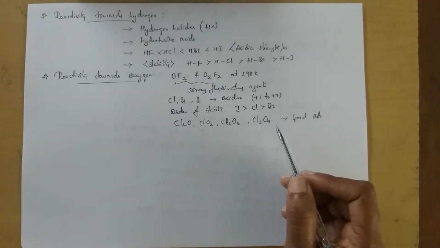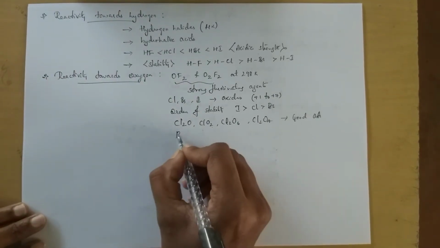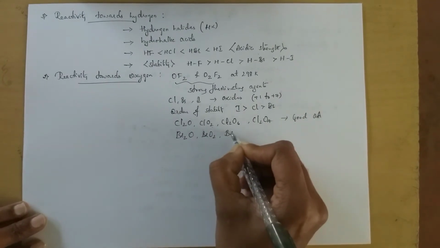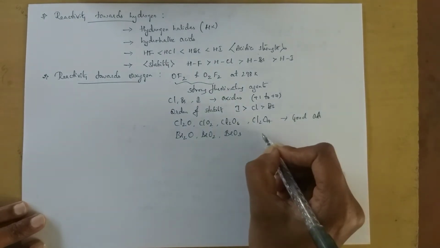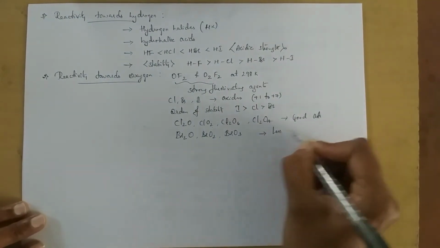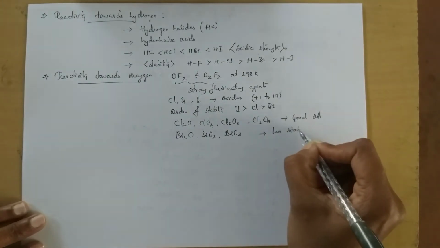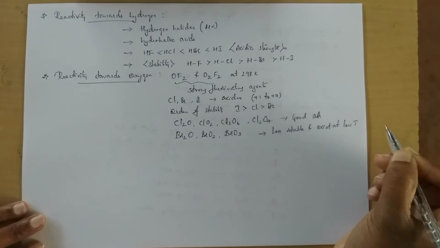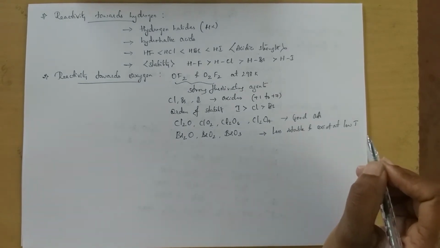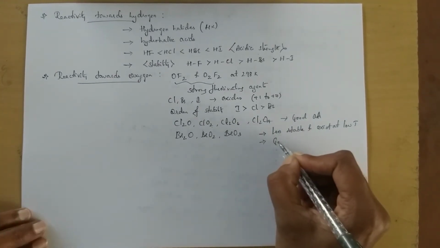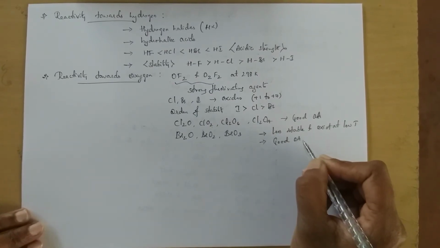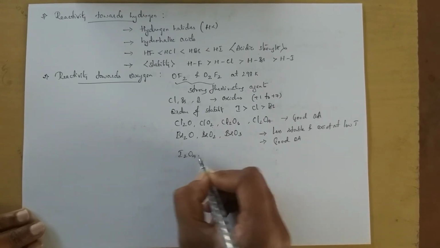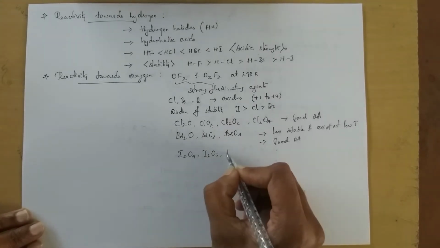Next we have oxides of bromine, that is Br2O, BrO2 and BrO3. These are less stable and exist only at low temperature. The stability is very low, and even these act as good oxidizing agents. Then we have oxides of iodine, that is I2O4, I2O5 and I2O7.